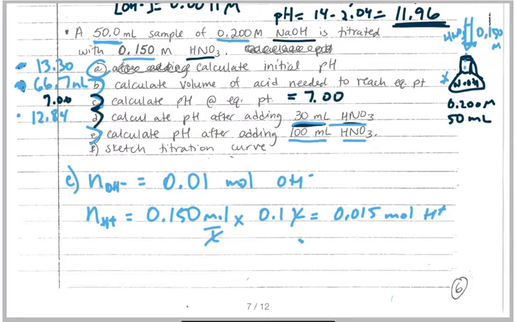So 0.015 minus 0.01, we are going to neutralize all of that hydroxide, and we're going to have left over 0.005 moles of H plus at this point.